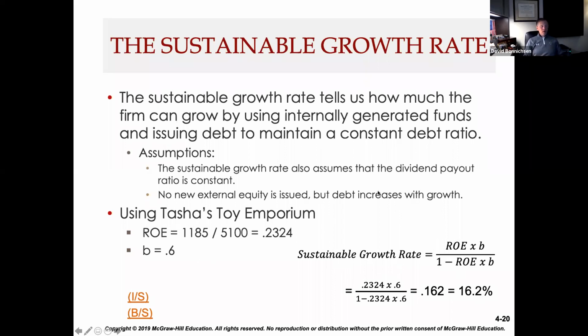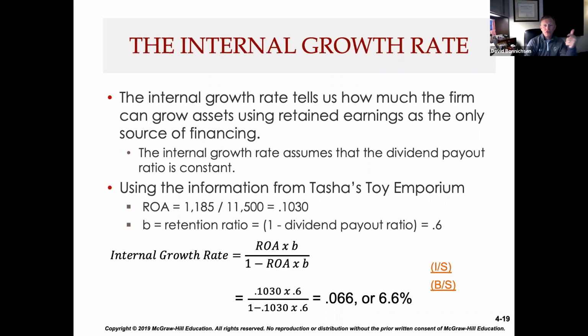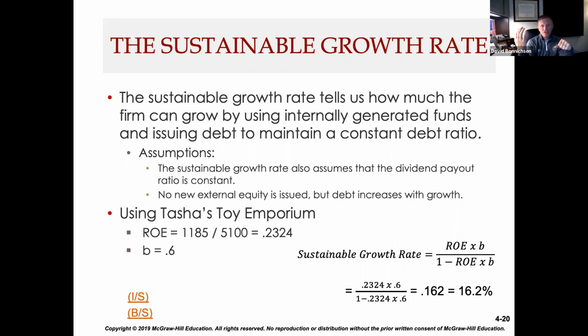So what does that mean as it relates to Tasha? She had a growth rate projection of 10%. If we think about the IGR for Tasha of 6.6%, what she can do on her own with retained earnings, and her SGR of 16.2%, that 10% falls somewhere in between.